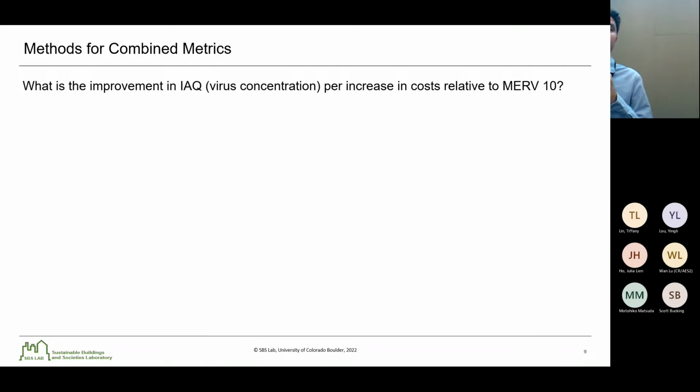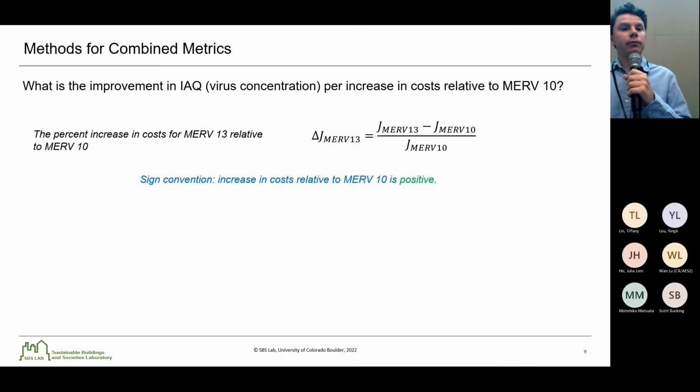As an example, we will talk about MERV 13 filtration, which is more efficient filtration, currently recommended by ASHRAE to use during the pandemic, compared to a more moderate, less efficient MERV 10 filtration. For this, we first determine the percent increase in costs, where it's just the difference in the cost normalized by the cost for MERV 10.